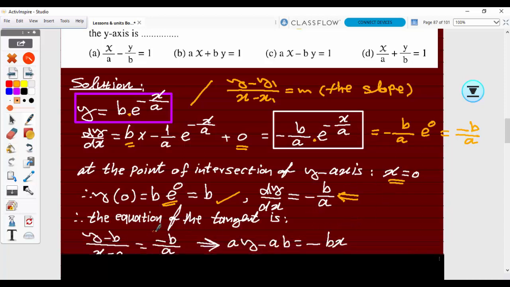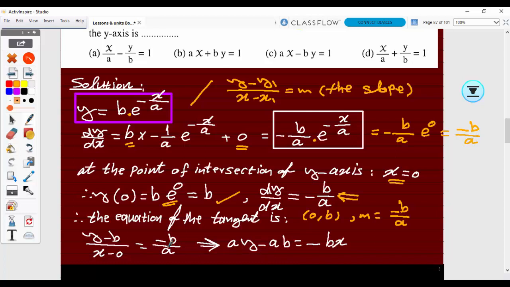So the equation of the tangent passes through the point (0, b), and its slope m equals negative b over a. The slope equals (y minus y1) over (x minus x1), so (y minus b) over (x minus 0) equals negative b over a.